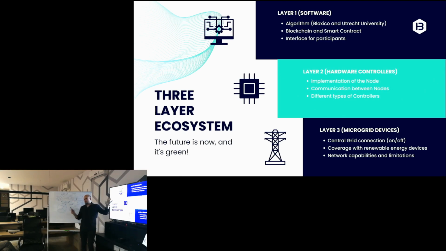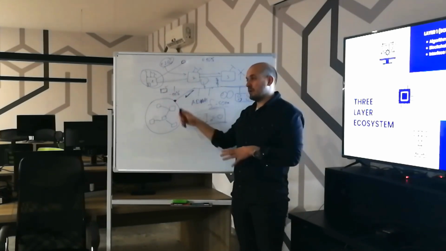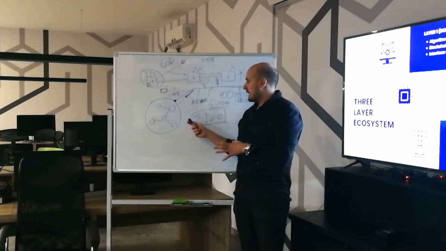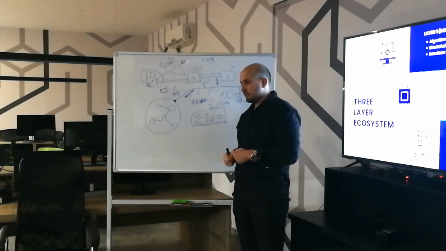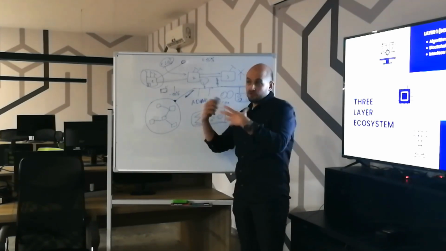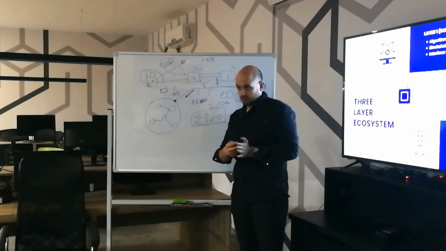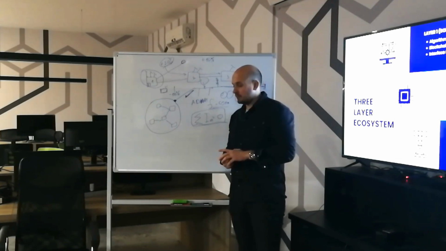So I think you understand where the blockchain and smart contract come in here. Why is it important? There are some microgrid solutions that are run by privately owned companies, and there is a survey that was done by Utrecht University, and most of the participants said that they have privacy concerns regarding the spending, consuming and generating amounts of electricity that are seen on their invoices at the end of the month.